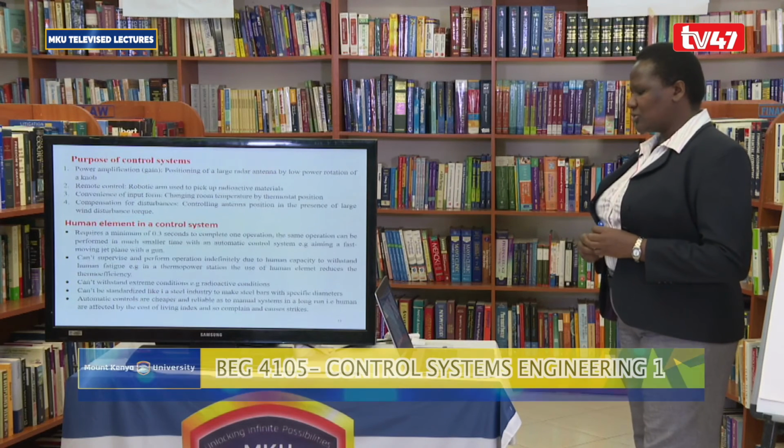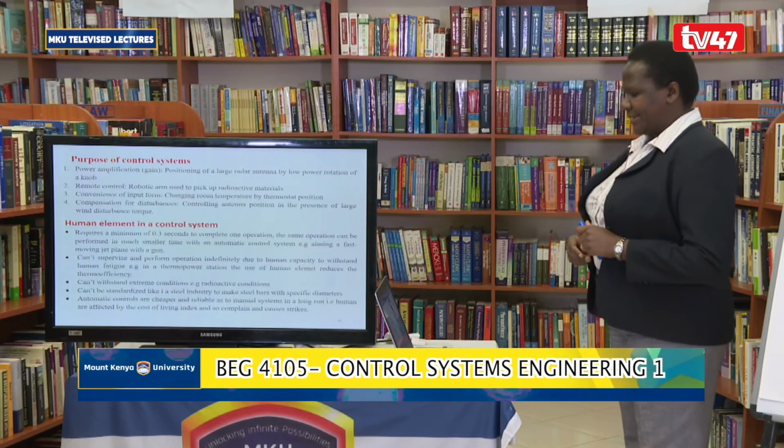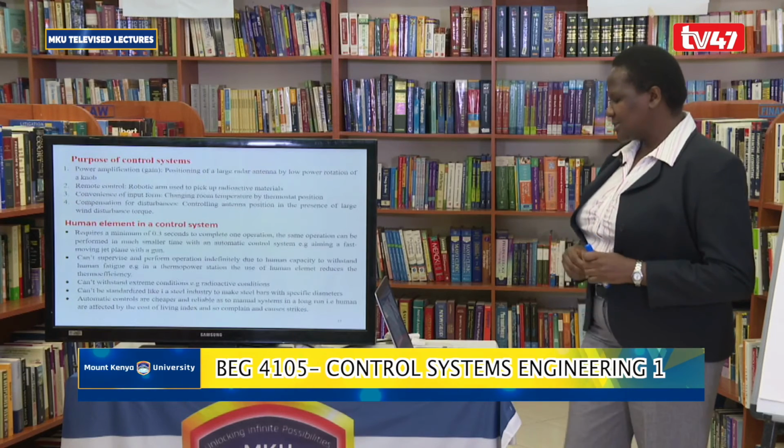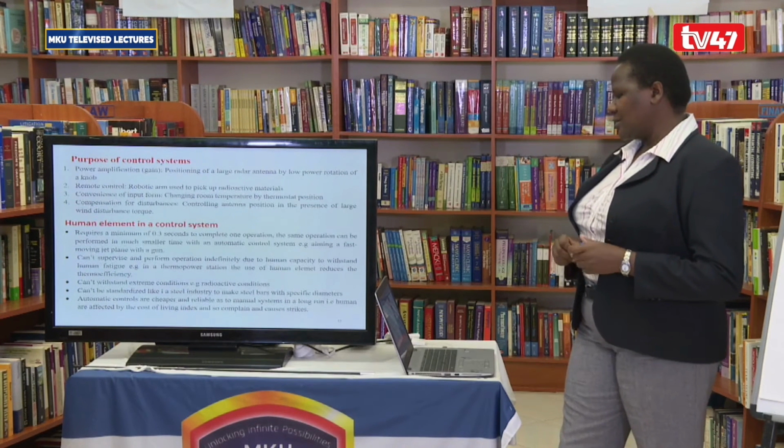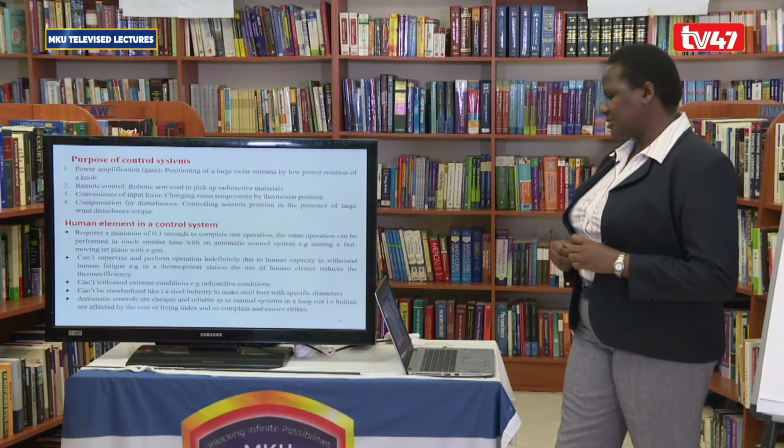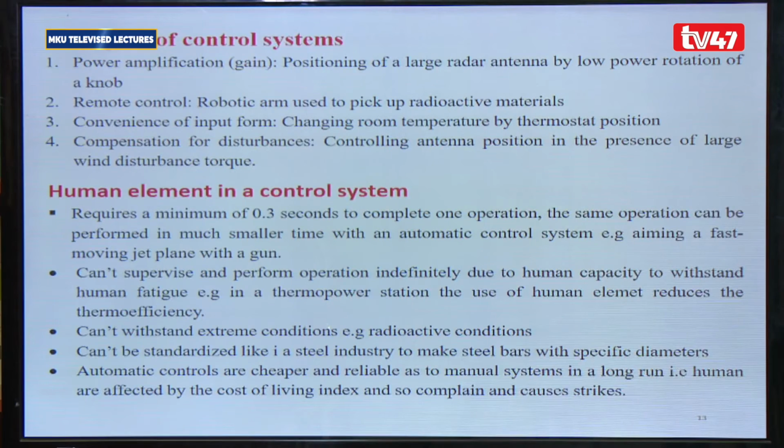Now for a control system, it takes much smaller time when you use an automatic control system. For example, if you want to aim a fast moving jet plane with a gun. So when you use a control system, you will aim it very accurately.